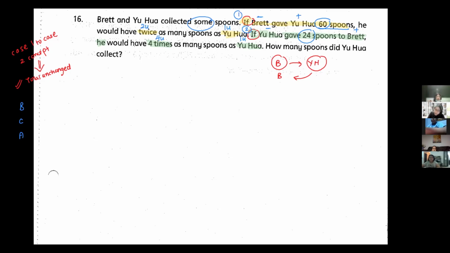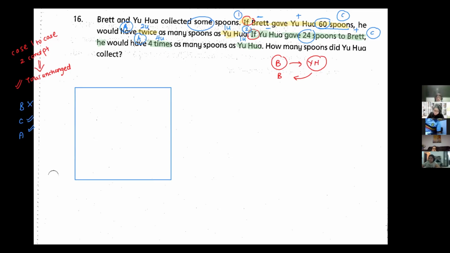So I have my change, and this is also my change, and this is my after, and this is also my after. I have this twice, but I don't have the before. All right, now let's draw out the box. Box number 1 and box number 2.